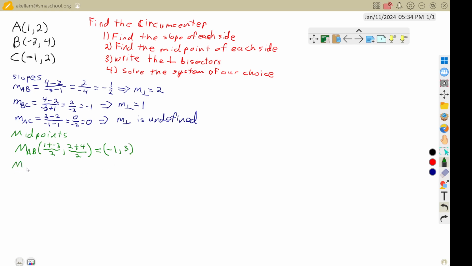The midpoint of BC is going to be -3 plus -1 divided by 2, comma, and 4 plus 2, or 2 plus 4, but let's try to keep in order, 4 plus 2 divided by 2.